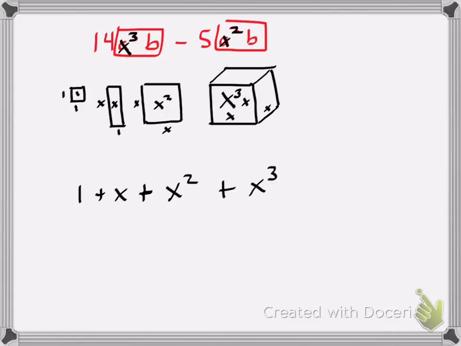Why they wouldn't go in the same pile the same way buttons and coins don't go in the same pile? Do you guys understand that? Because they're different kinds of objects. When I'm combining like terms, I'm putting my buttons in one pile and my coins in another. X cubes are little blocks, whereas x squares are little squares.